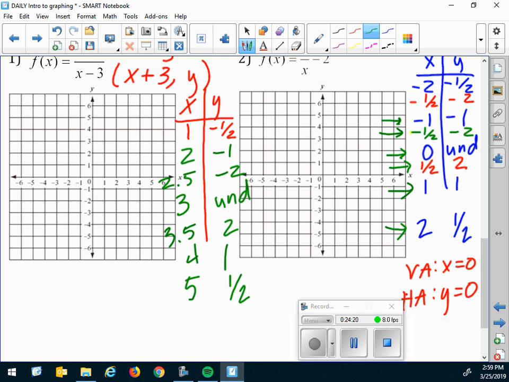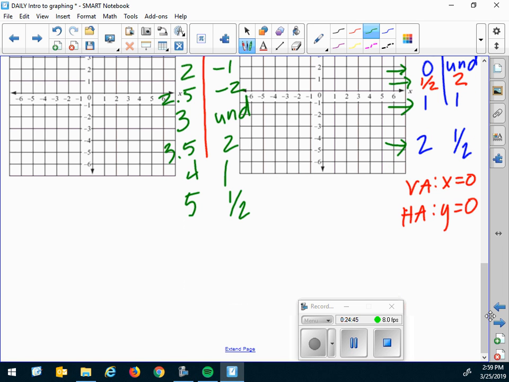Now, this one says 3, undefined. What does that mean? What's at x equal 3? Which asymptote? The vertical one. My vertical asymptote now will be at x equal 3. Now, did my horizontal asymptote change?